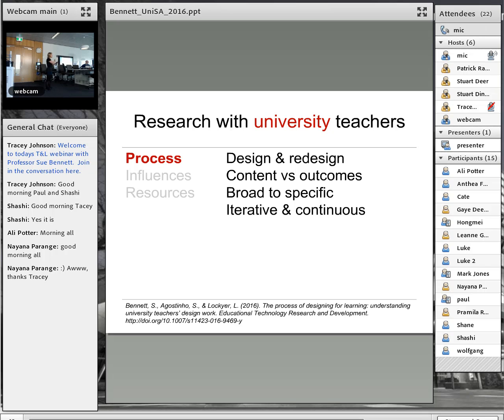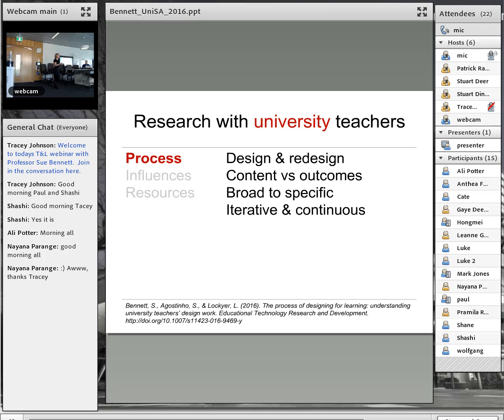One of the things we were trying to do is explore how many people start out thinking, well, this subject's got to cover this content, and how many think about the outcomes that I need to address. What we discovered is that even across the disciplines, we couldn't really see a difference. We couldn't say all science people start here and all humanities people start here.